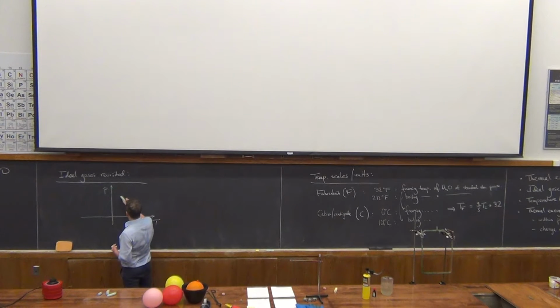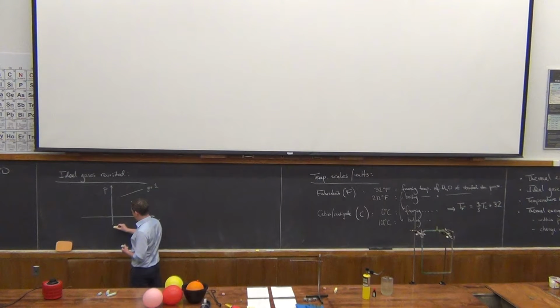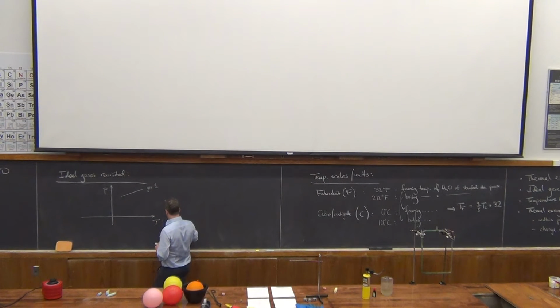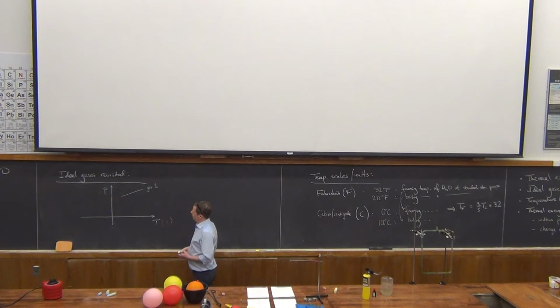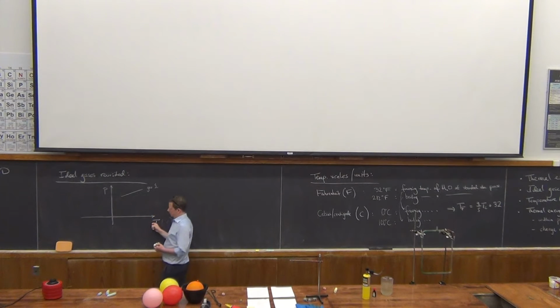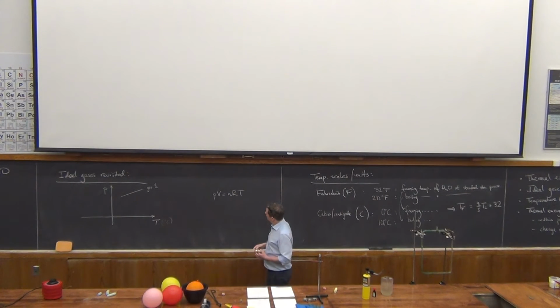So let's say I've got a gas 1 in green, and I'm measuring, let's say, even on a Celsius scale, so it is 0. I'm measuring the volume of gas and seeing how its pressure varies with temperature. Well, first off, let me write this now in terms of the molar form of the ideal gas equation. Pressure is proportional to temperature, linear proportionality, at least a good approximation. So we expect a straight line.